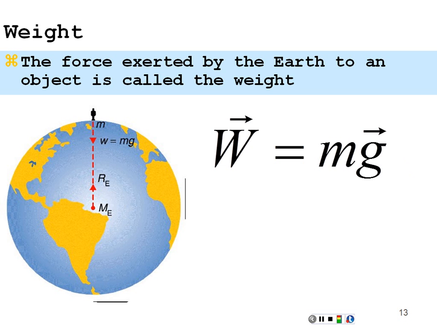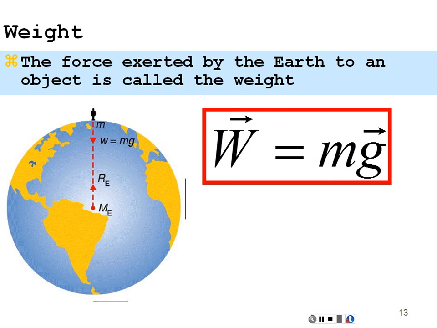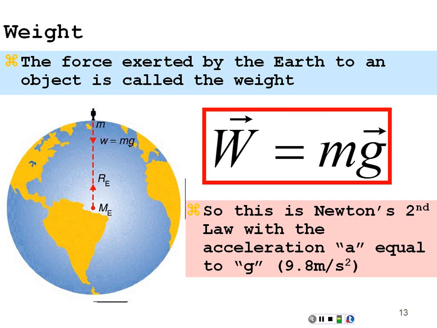With that acceleration multiplied by your mass, you get the force, which we call weight. That's an F equals ma type equation, Newton's second law. In this case, the acceleration is our value of g, 9.80 meters per second squared.